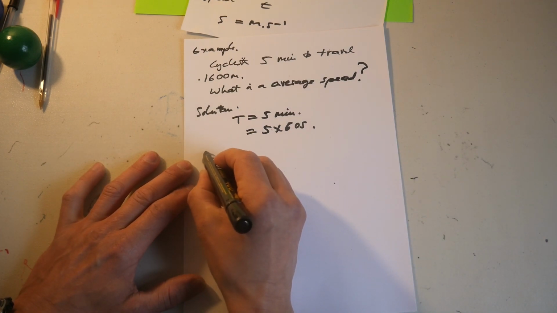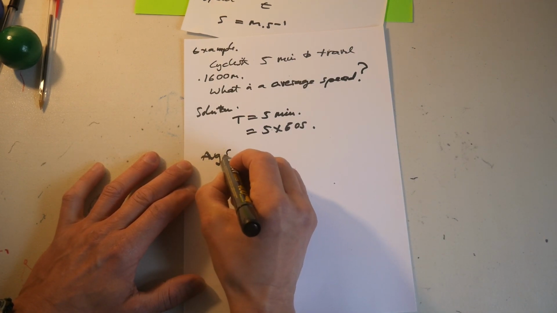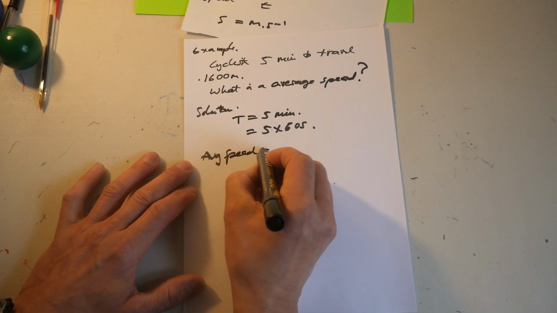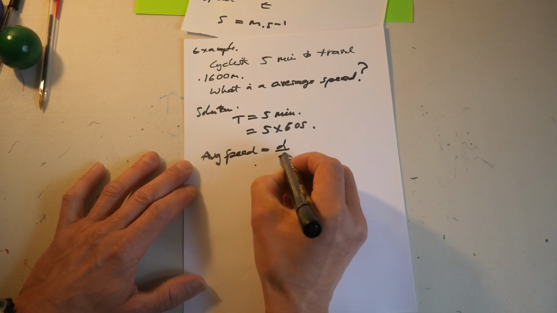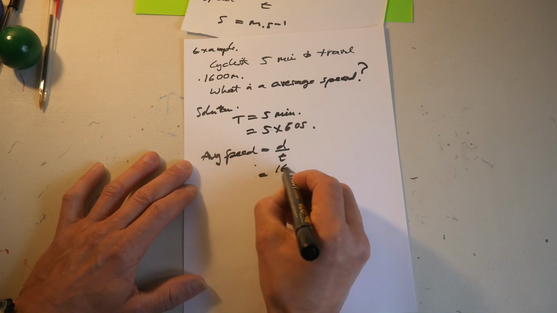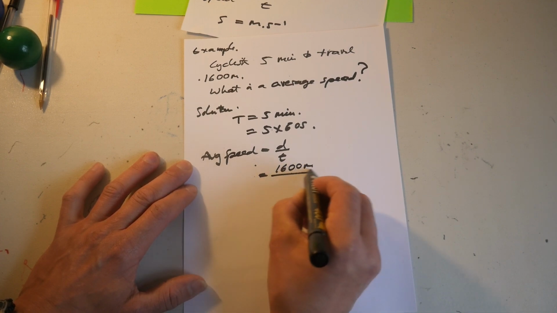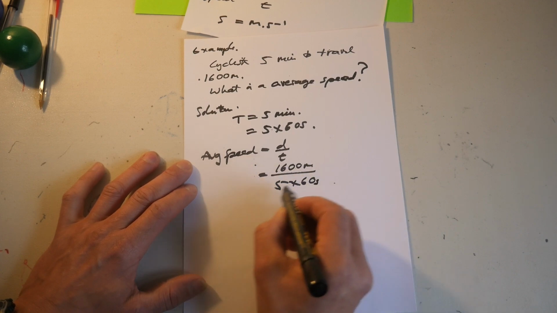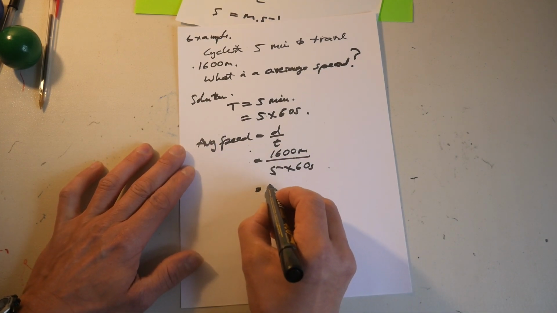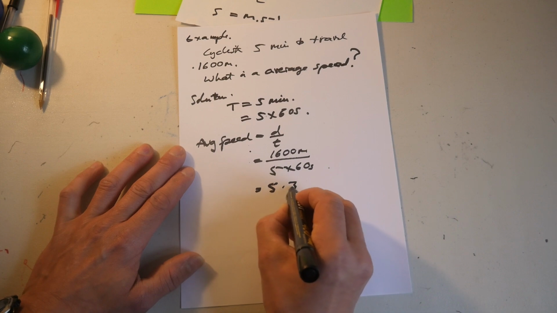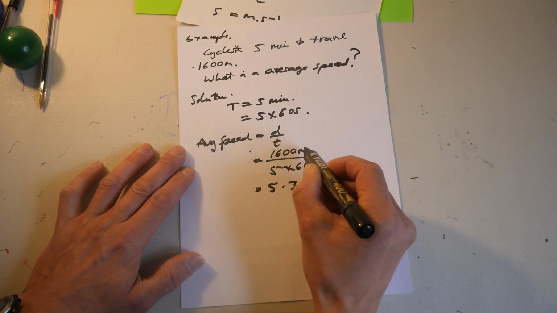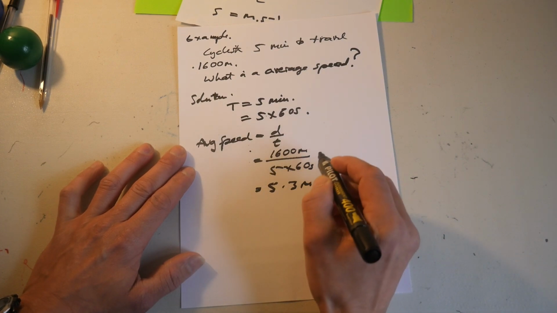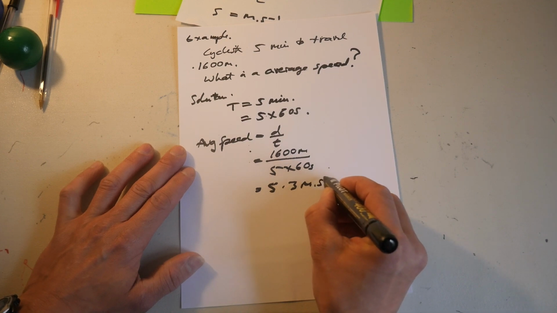So the average speed equals distance divided by time, which equals 1600 meters divided by 5 times 60, okay? Which is equal to 5.3 meters per second because you bring the S up on top. Okay?